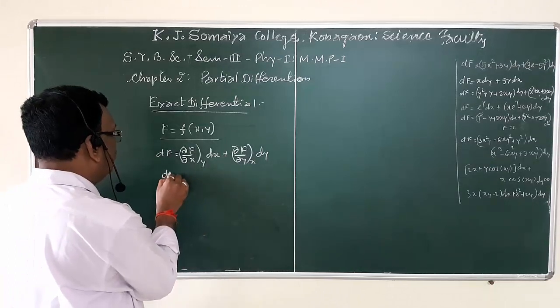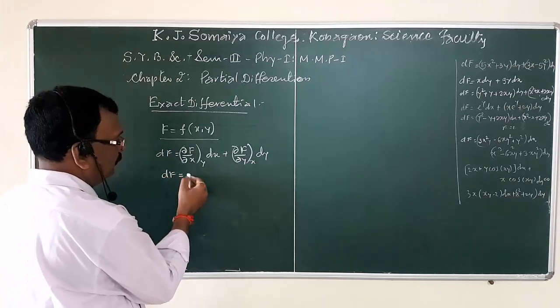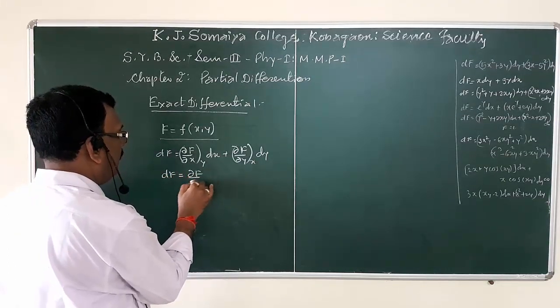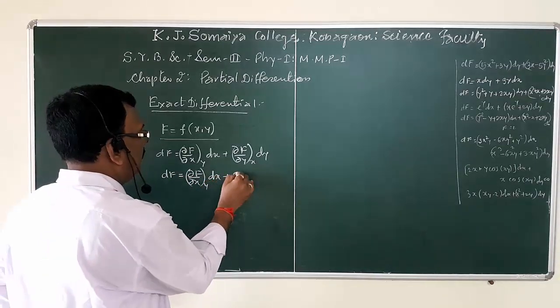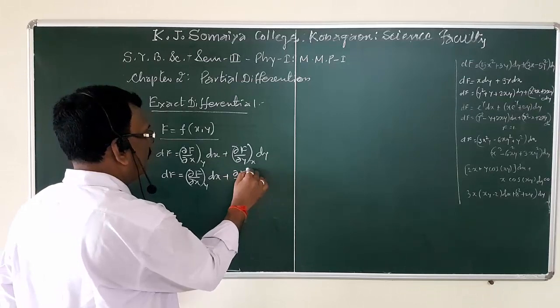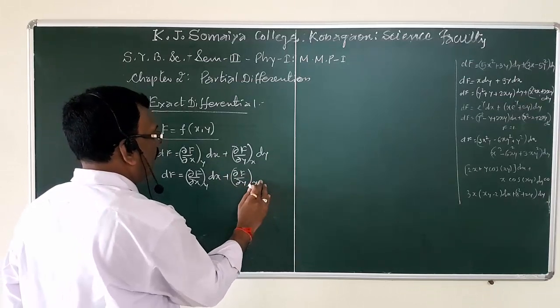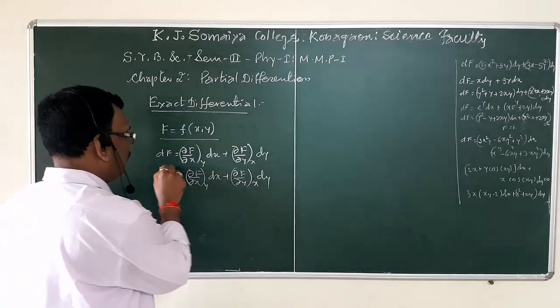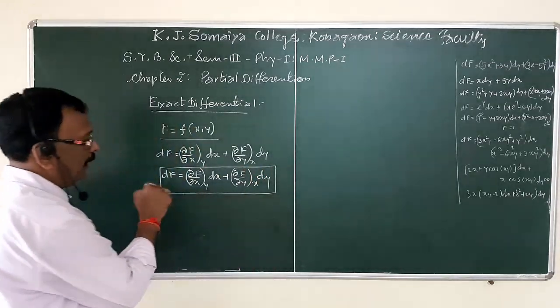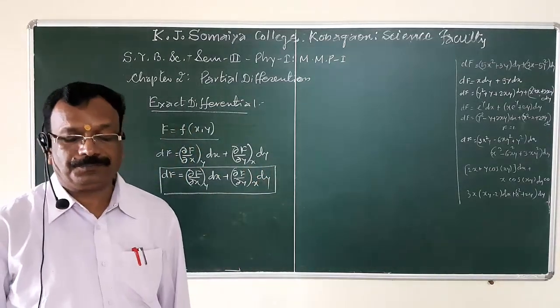When df is equal to 0, we again write the differential equation del f by del x at constant y, dx plus del f by del y at constant x, dy, and this is the exact differential equation.